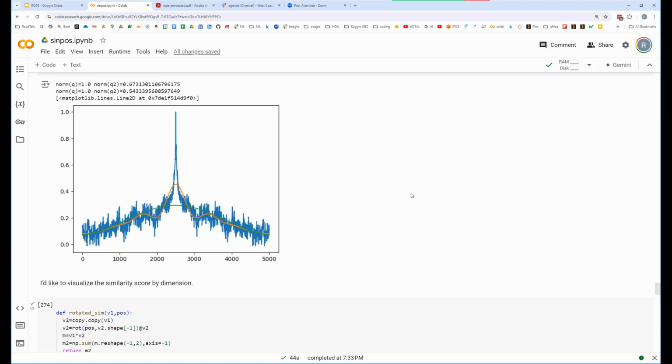Right. So although we're looking for the best semantic match, with rotary embeddings, it's still the case that words very far away tend to get downvoted even if they have good semantic matches.